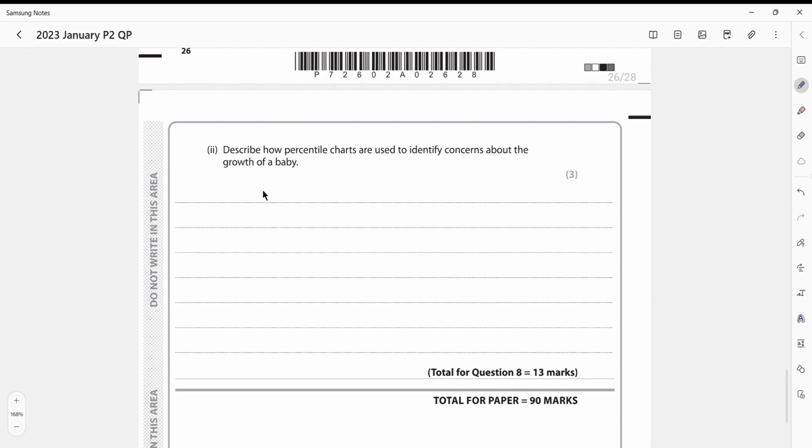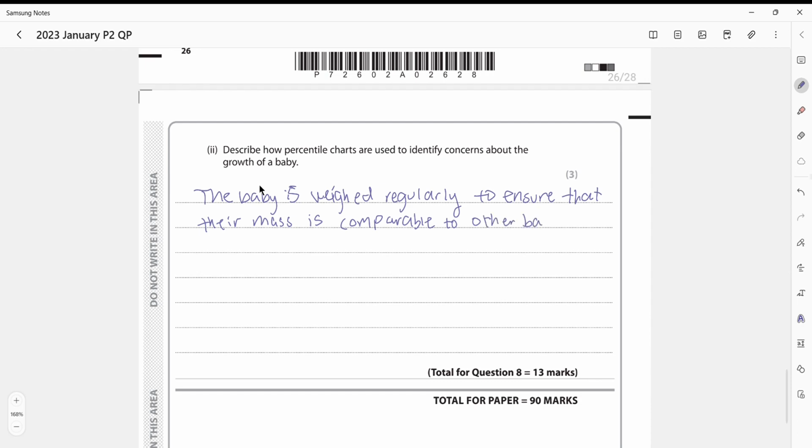So let's write that down. The baby is weighed regularly to ensure that their mass is comparable to babies of the same age.